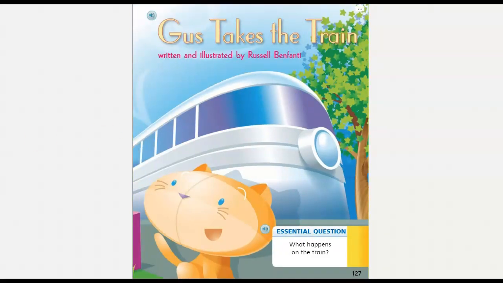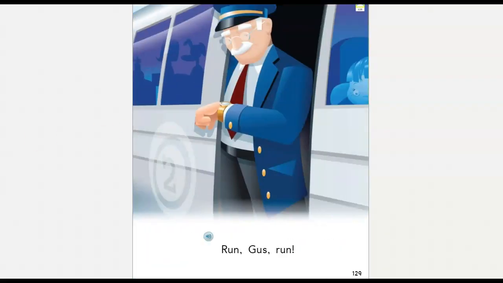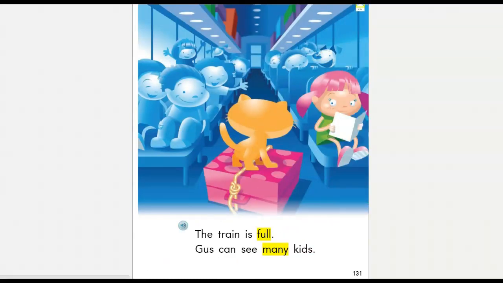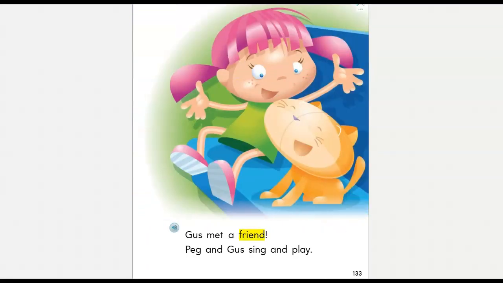I would say Gus got on the train and found his seat. So that is what we could say happens first in our story. Okay? So we have summarized all of those pages to say Gus got on the train and found his seat.